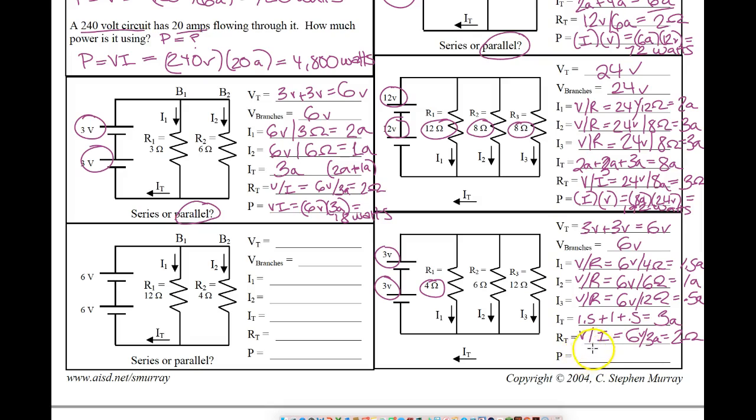And then power, again, is just the current times the voltage, tells you kind of how strong it is. So this is 3 times 6 is 18 watts.